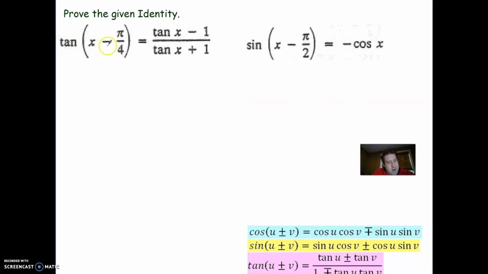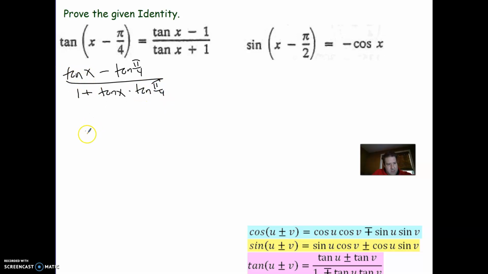So we have tangent of this, and we're going to prove that this given identity is the same thing as this. So tangent will be tangent of x minus, because that's a minus sign, tangent of pi over 4 over 1 plus tangent of x times tangent of pi over 4.